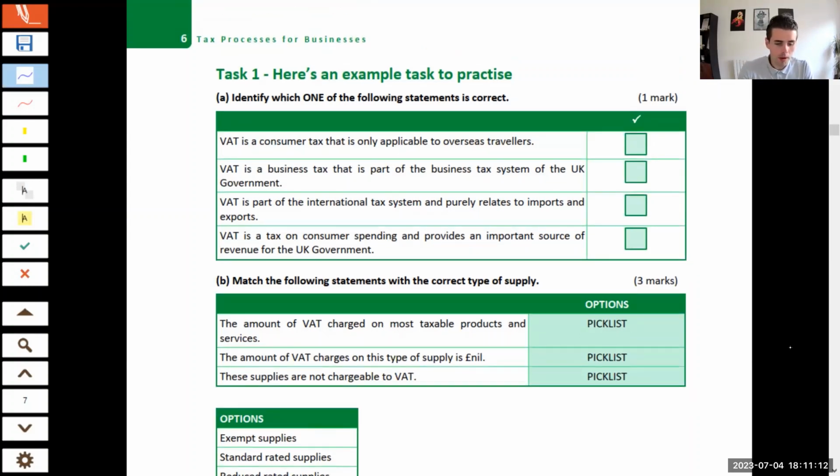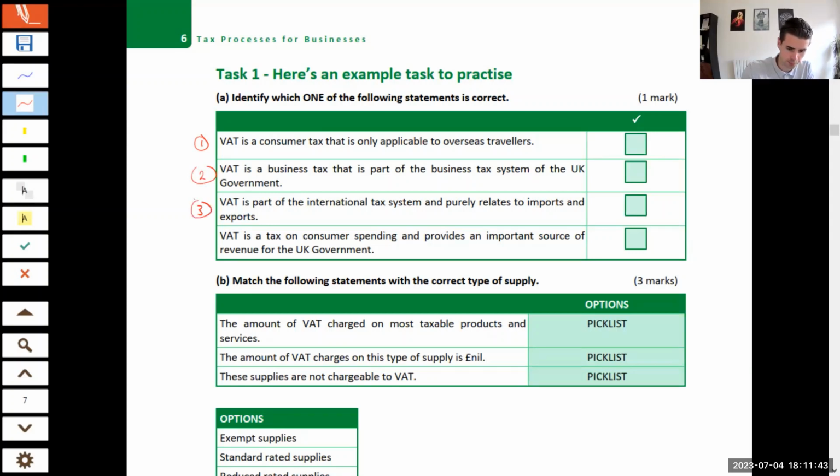Okay, let's have a look at this. Task 1, part A: identify which one of the following statements is correct. Number 1: VAT is a consumer tax that is only applicable to overseas travellers. Number 2: VAT is a business tax that is part of the business tax system of the UK government.